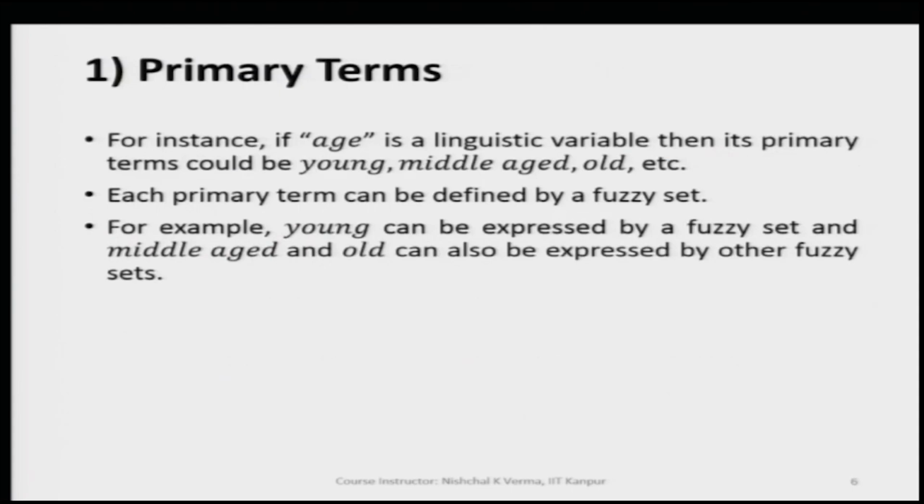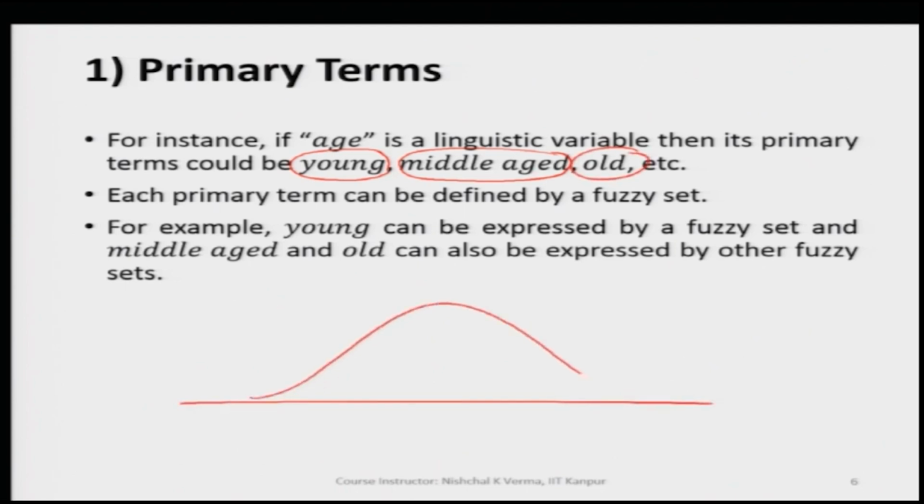If we talk of the primary terms, let us say the age which we have already taken in the beginning as the linguistic variable, then its primary term could be young, as I had already mentioned, and in these primary terms middle age can also be one of the linguistic values. Similarly, old. We have already seen that we have three fuzzy regions.